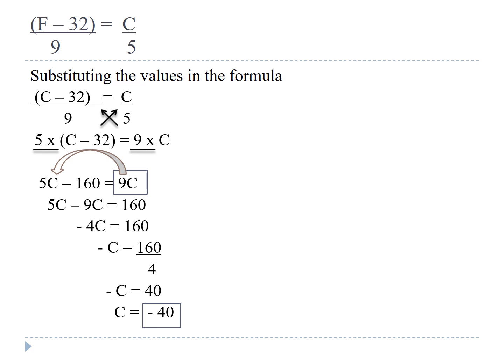That was the question: which is a temperature where Celsius and Fahrenheit are the same? So when you have minus 40, Celsius is minus 40, and Fahrenheit is also minus 40. Okay.